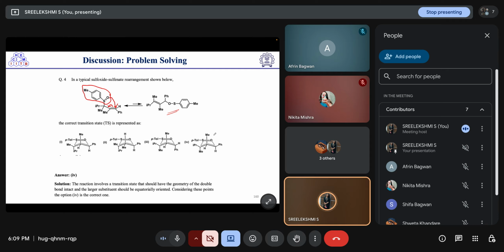And what is the difference between these transition states? The basic thing we have to consider is that the geometry of the double bond is remaining intact. Geometry of the double bond is not changing. That means this methyl and this phenyl group are in the same position.